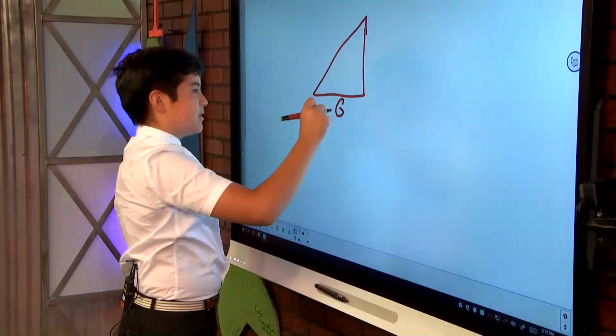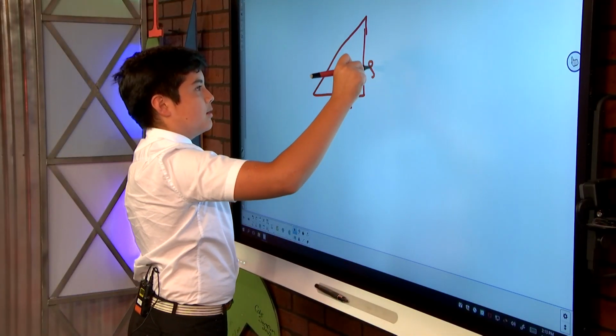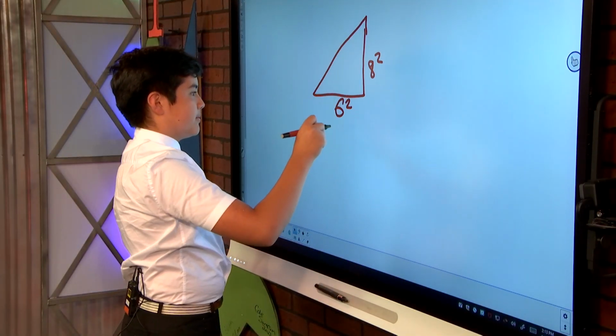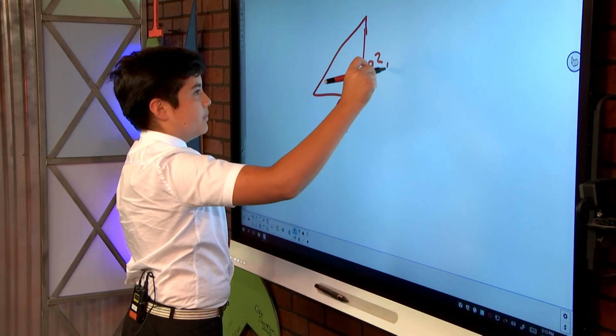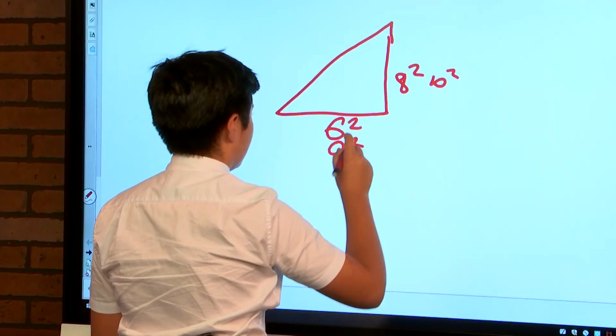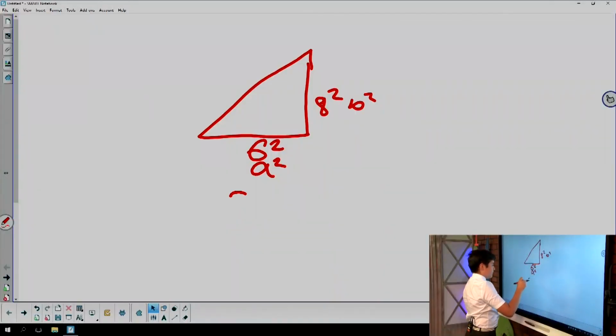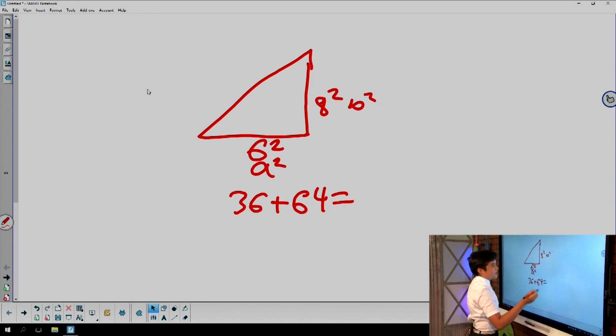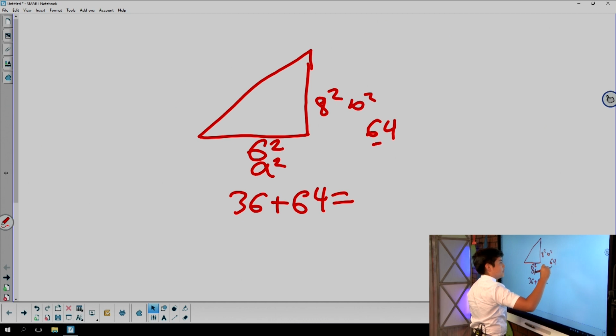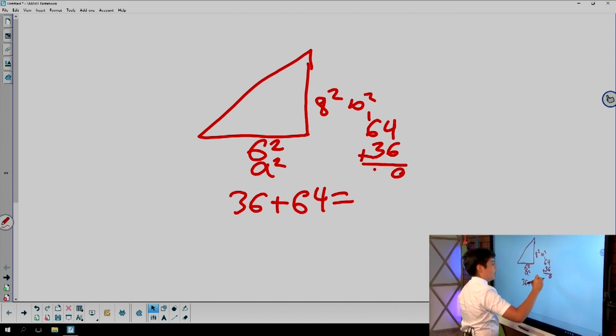Okay, so we have 6 squared and 8 squared as our substitutes for A and B. Can't forget squared. So 6 squared equals 36, plus 64, which is 8 squared, to get, well, we'll have to find out. 64 plus 36 equals 100.